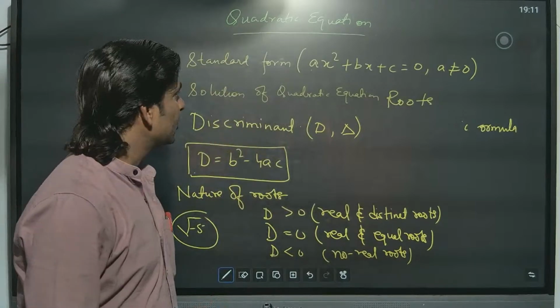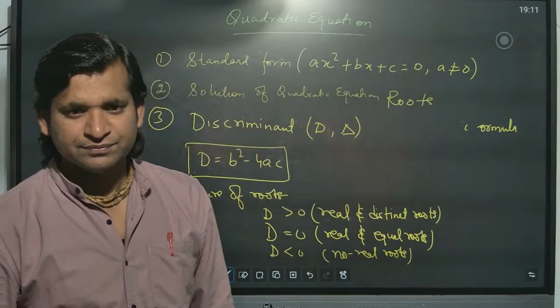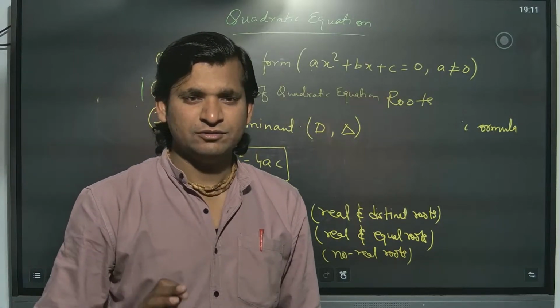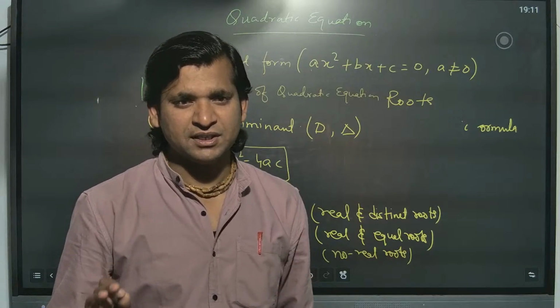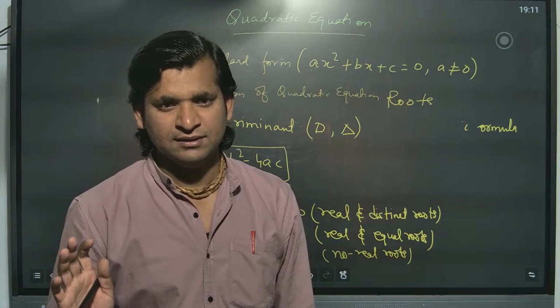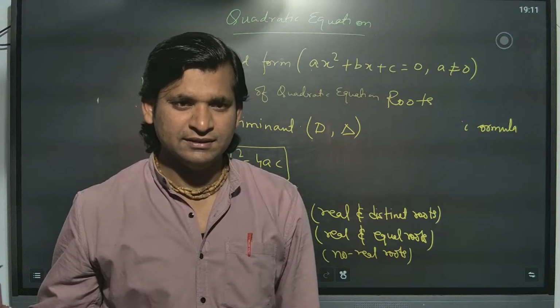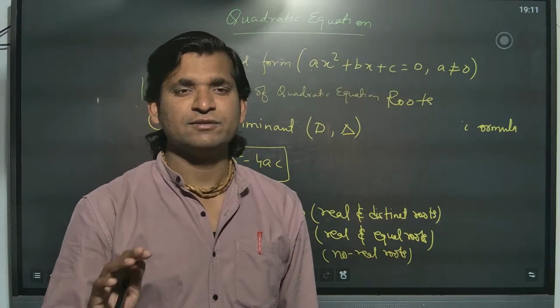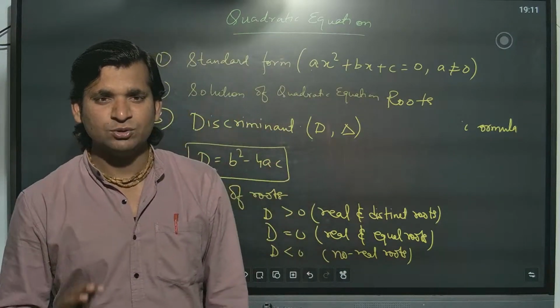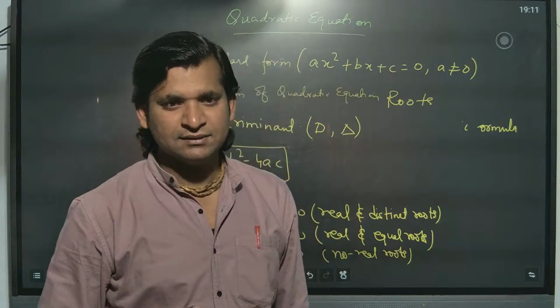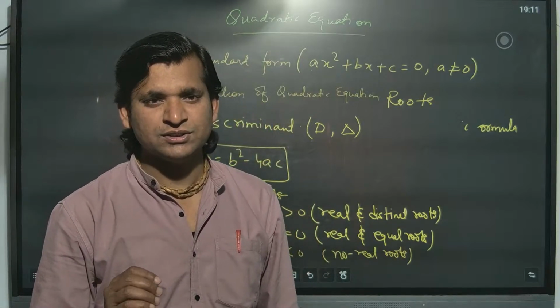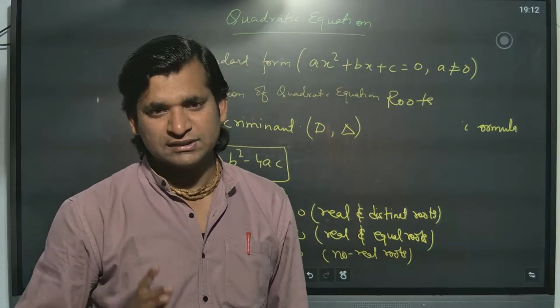So this is all about quadratic equation. Questions from tomorrow will start from 8 to 9:30. 10 questions daily. Before that, you have to solve the sample paper, and these questions are on high priority. You have to give these questions high priority for the board exam.